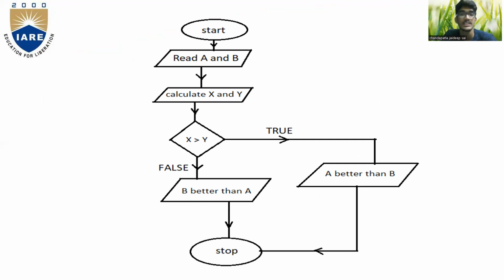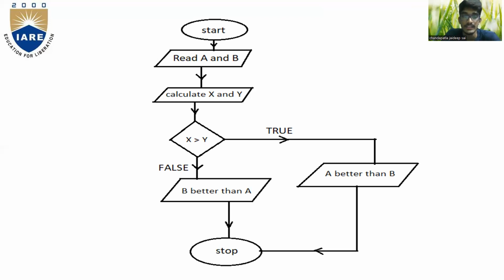First, the code starts with start, and we should read A and B, which represent the number of catches of A, number of wickets of A, and number of runs of A, and it also reads the number of catches, wickets, and runs of B. Now it reads the A and B values, and it calculates the total statistics of A and B, denoted by X and Y. So here X represents the summation of the number of runs, catches, and wickets of A, and Y denotes the summation of the catches, runs, and wickets of B.